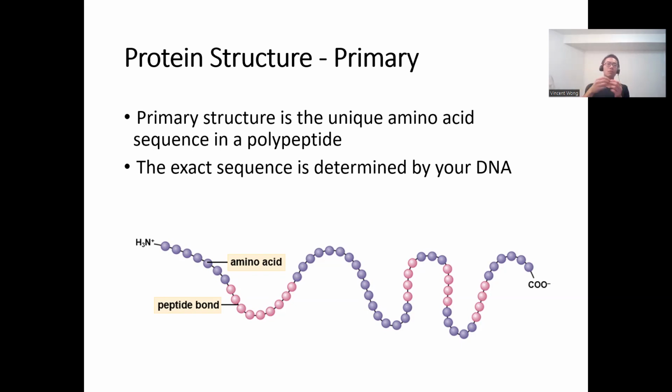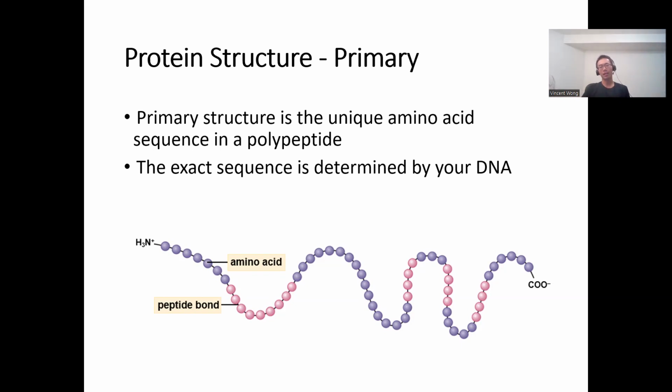So imagine having a set of beads, different color beads, and you want to make a necklace. You might get the red one, the orange, green, purple, blue, orange, red, blue, whatever the sequence. The order that you link them together would be like the primary sequence.